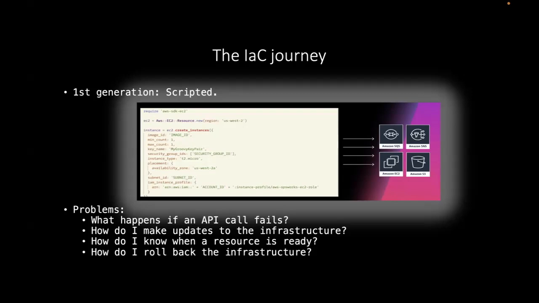The second point: how do I make updates to the infrastructure? Because invariably you will want to evolve the infrastructure. Essentially, you've got to write a completely new Python script. You may edit the initial Python script, but you can't just run it again, because it's going to create all the infrastructure, whereas maybe you only wanted to make changes to part of the infrastructure.